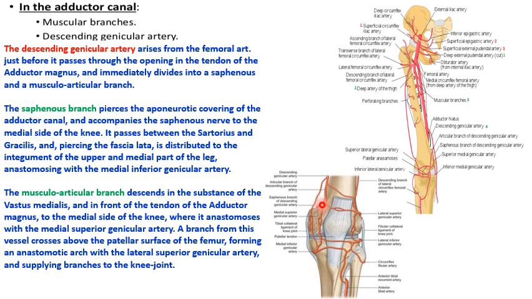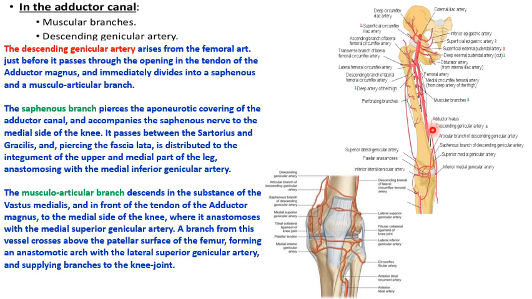This branch also gives a branch which passes above the patella, crossing the patellar tendon, anastomosing with a branch from the lateral superior genicular artery. All these supply branches to the knee joint.